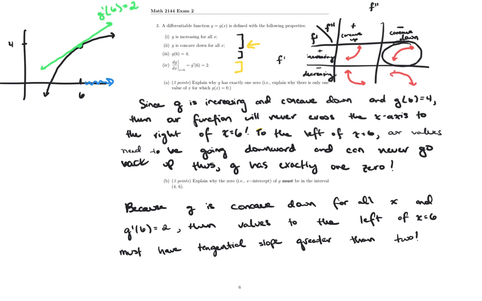Right? So let's look at this in terms of the picture. Here, let's say at x equals 5, the derivative must be steeper, right? Because it's concave down. The derivative must be steeper because it's concave down and increasing on this graph, right?